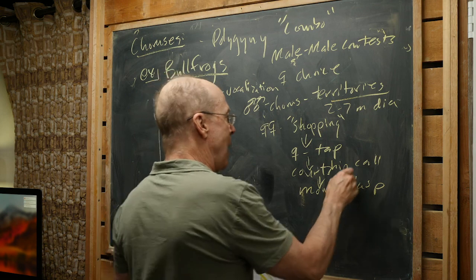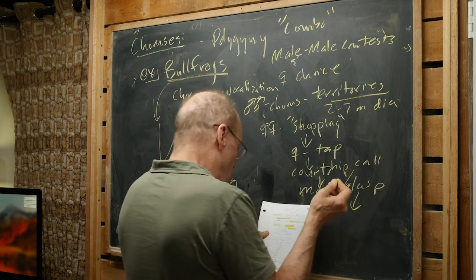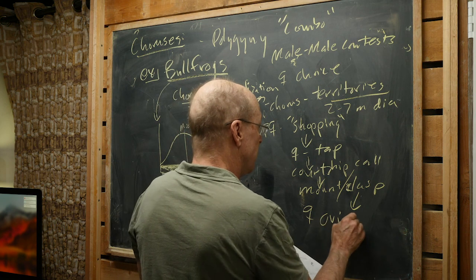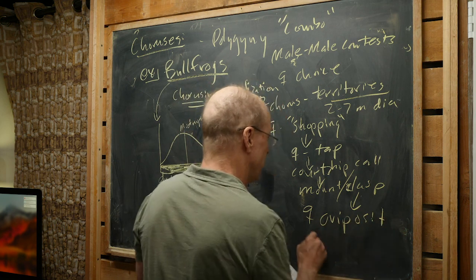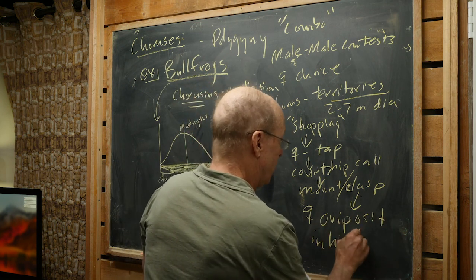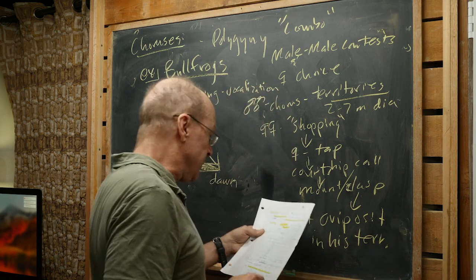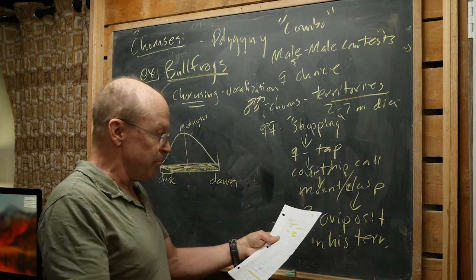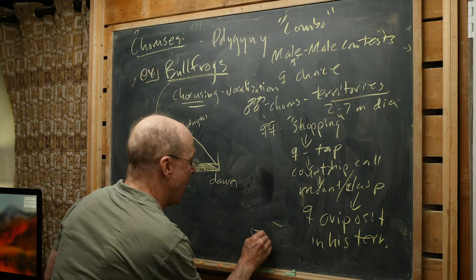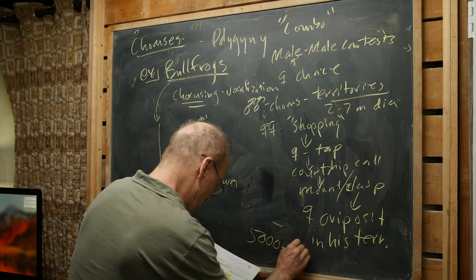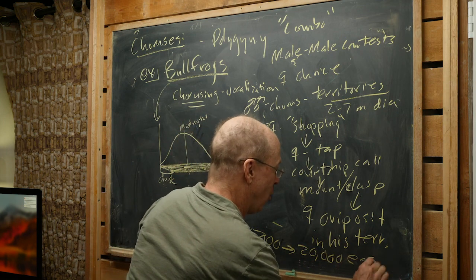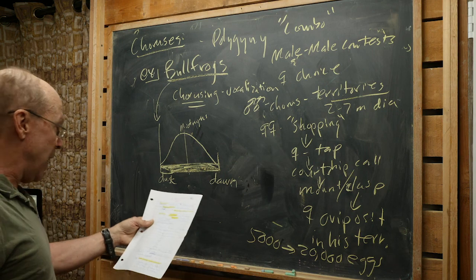So mount and clasp, and then while under clasp, the female will oviposit in his territory. That's the whole key, and then he'll inseminate massive numbers of eggs, 5,000 to 20,000 eggs. Wow, wow, wow!